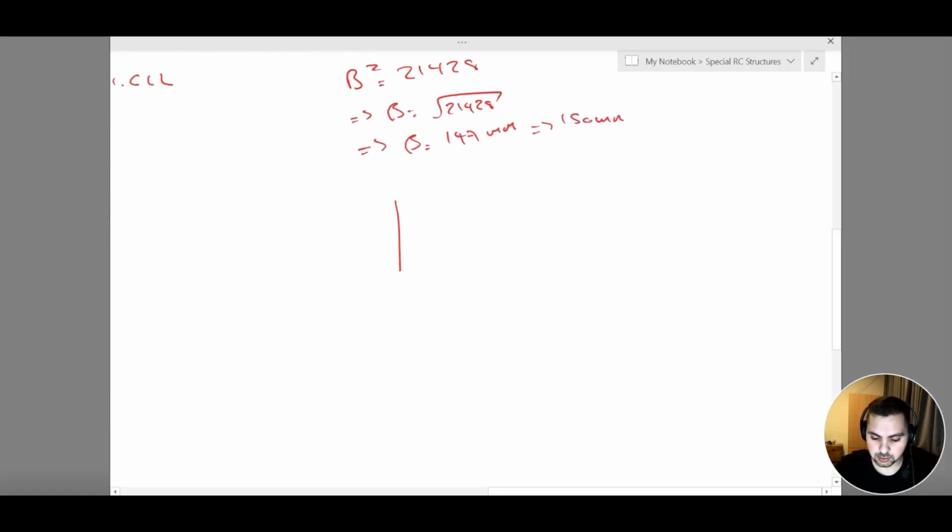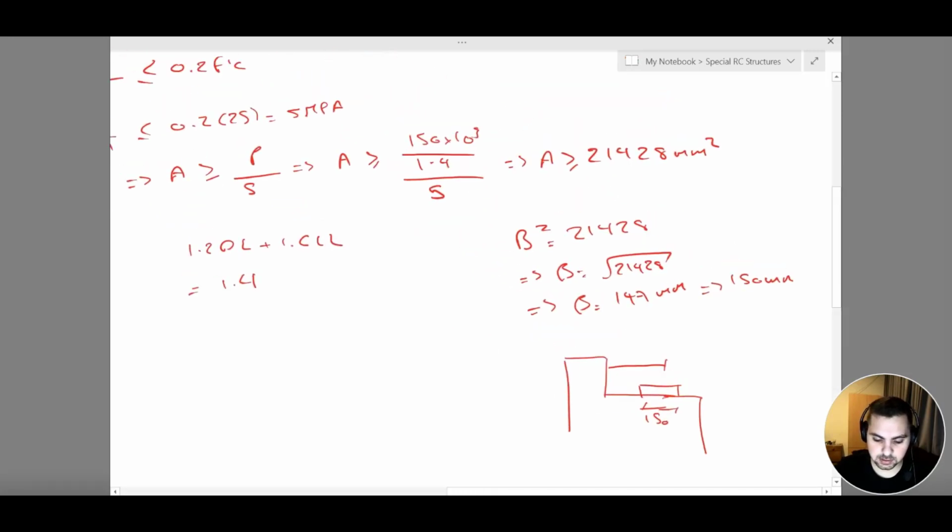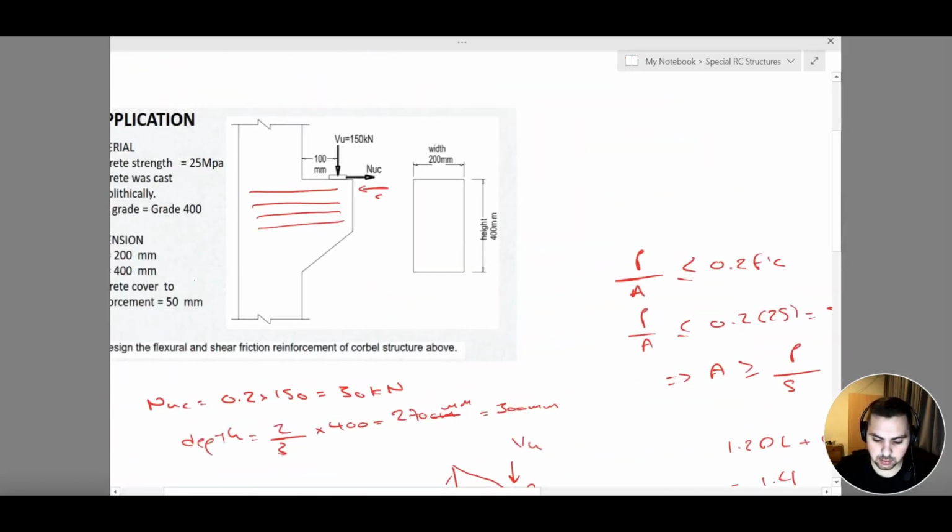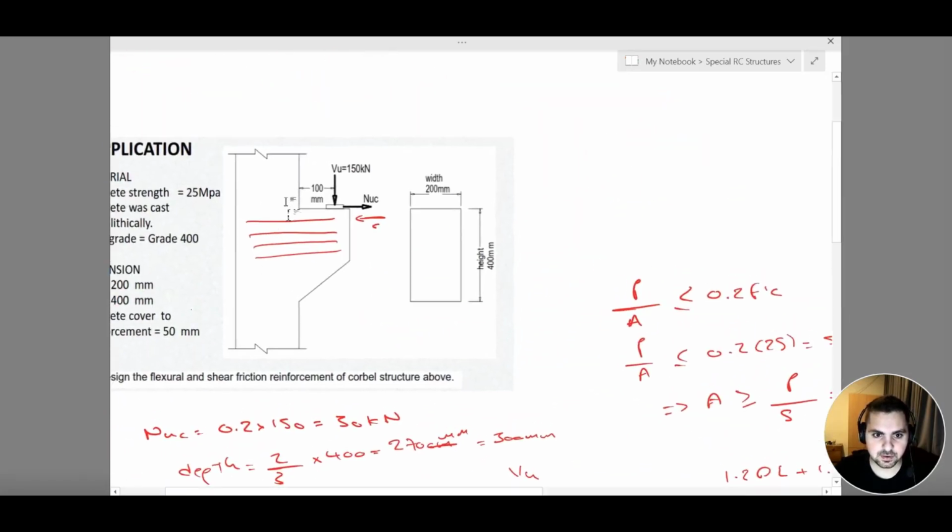So let's just draw this image. This is 150, and we have an A. From our image here, we see that we have an A from here to the midpoint of my steel plate.